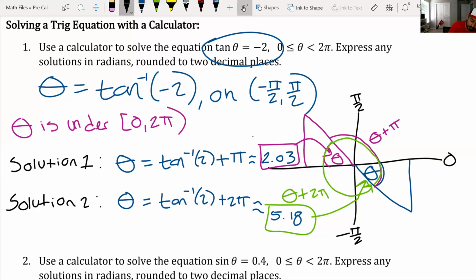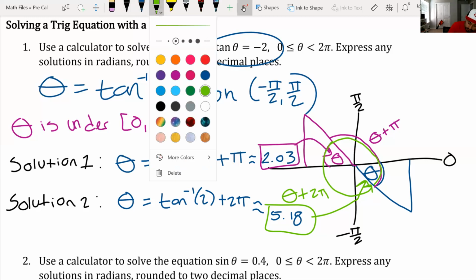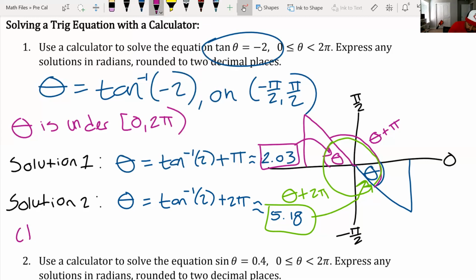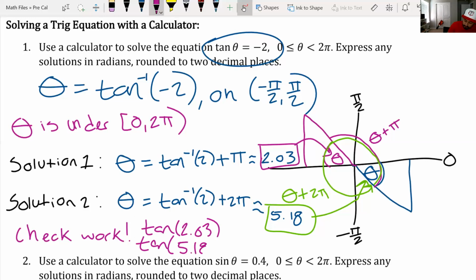So check work: the tangent of 2.03 and the tangent of 5.18. These both will get me back to -2. So it works out.